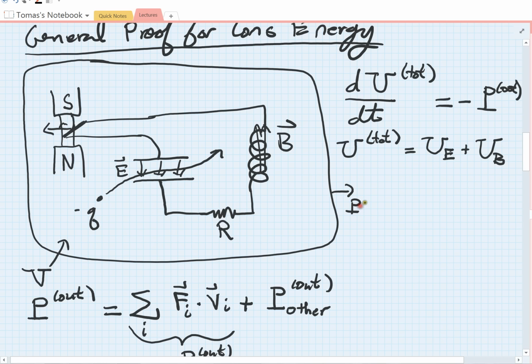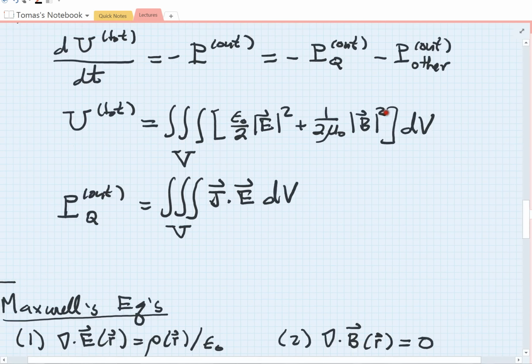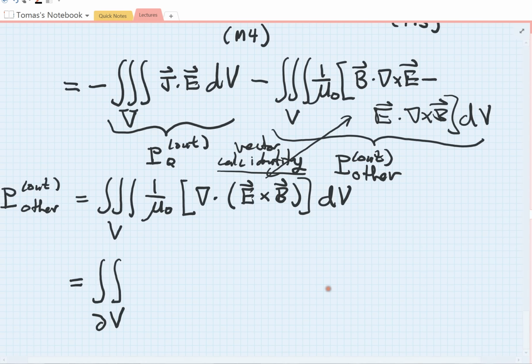So there's this P out other that is occurring somehow around my surface via some kind of mysterious process, but at least somehow I can quantify that process. And the surface, I can get that by doing a surface integral.